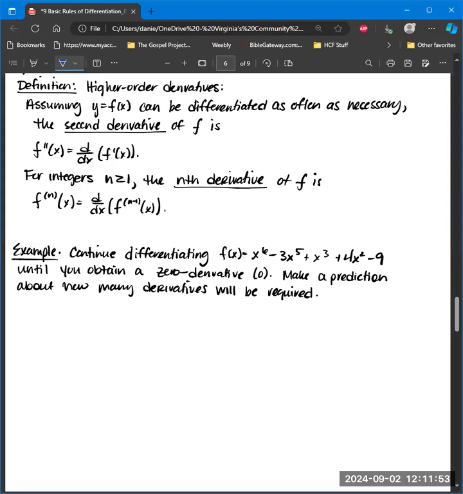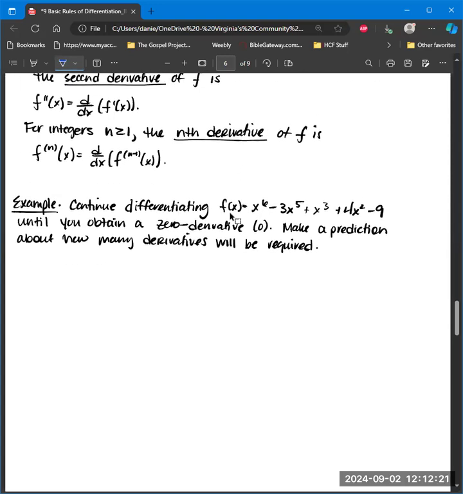For integers n greater than or equal to 1, the nth derivative of f, f sub n of x, is equal to the derivative with respect to x of the n minus 1th derivative of f of x. So the 0th derivative is the original function itself. The first derivative we know how to find with the limit definition, and then every subsequent derivative from there on would be the derivative of the previous derivative.